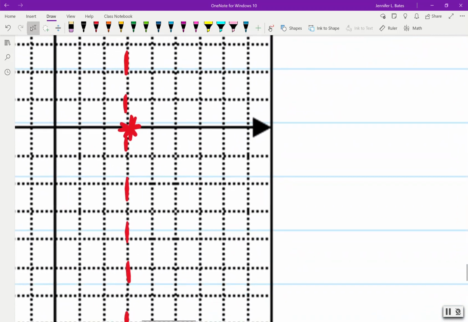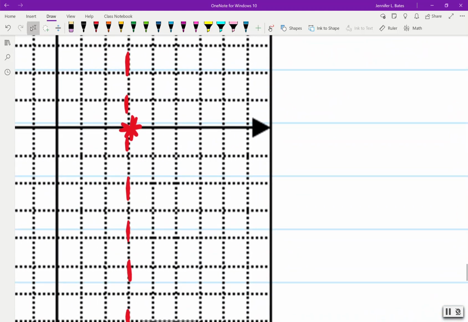So based on this being my origin, my points would go at 4, 1, 1, 0, and 1/4, -1. So these are where my points would go. I'm using x's because these are not my final points. I still have to compress this by 1/2. I've got to make everything half as tall.